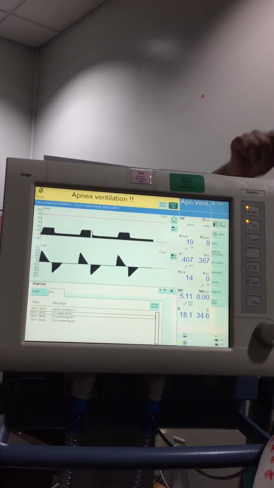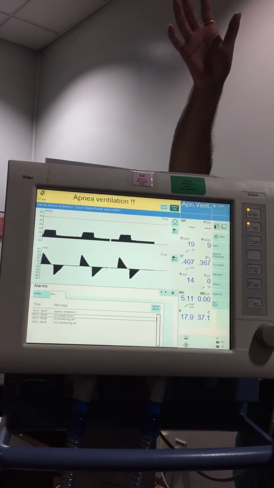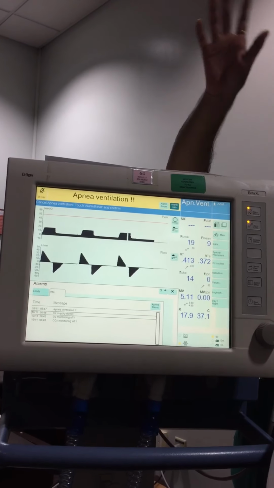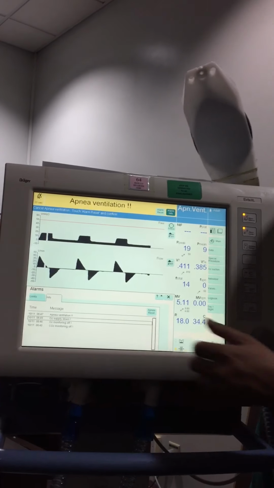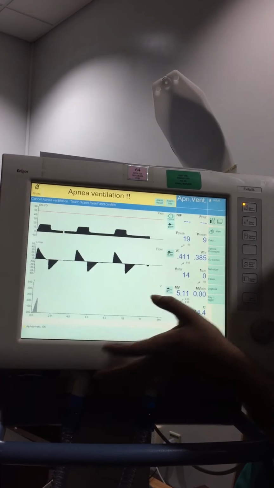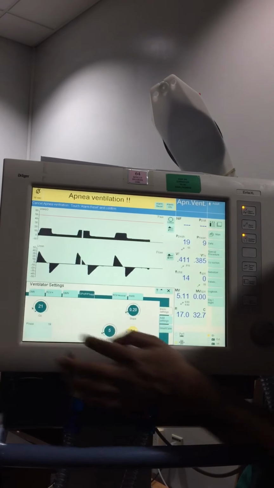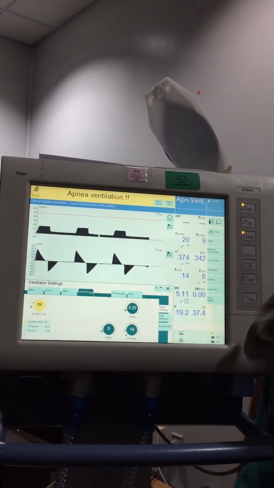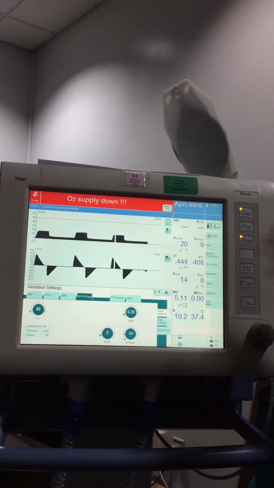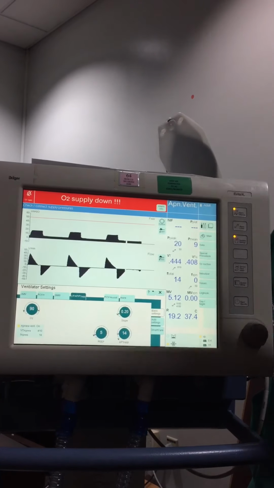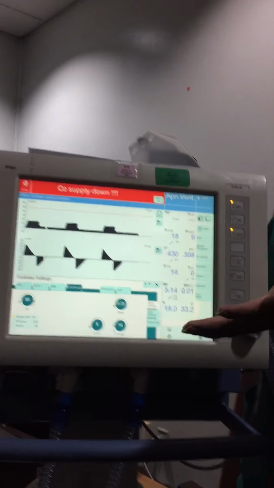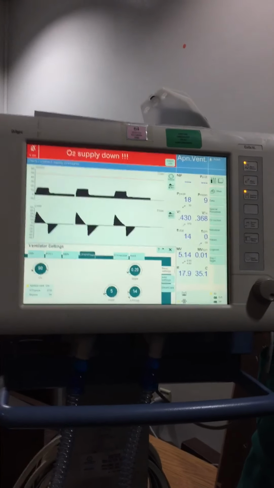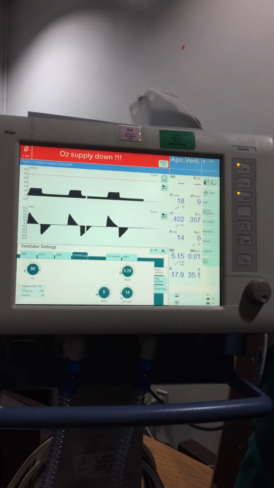Give it and call for help. Otherwise, if this O2 suction is not working, try to give FiO2 100% in the meantime. Then call for help and inform them you picked up 100%. This is for a patient who is desaturated.